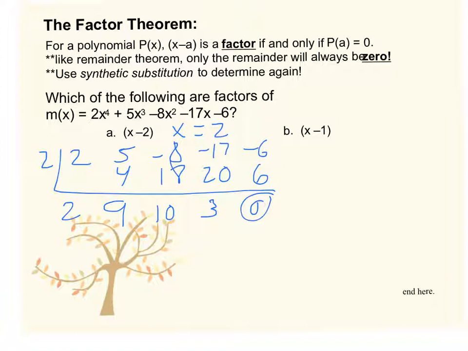Again, what this tells us, several things. P of 2 is 0. Oops. I'm still thinking of the previous problem. I should not be calling this polynomial P. Its name is M. M of 2 is 0. This polynomial has a 0 of 2, and that means x minus 2 is a factor.